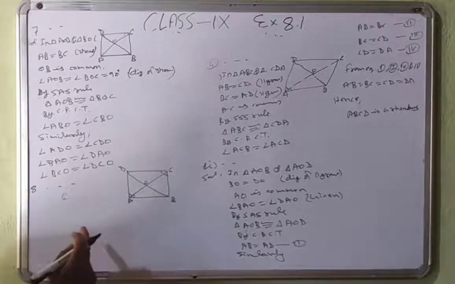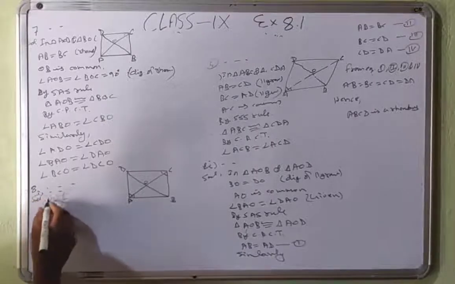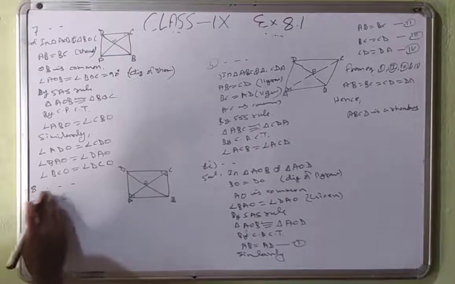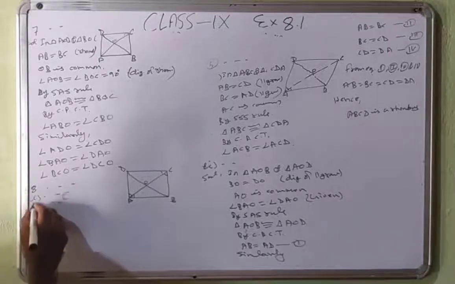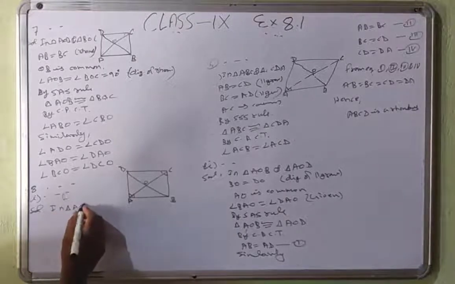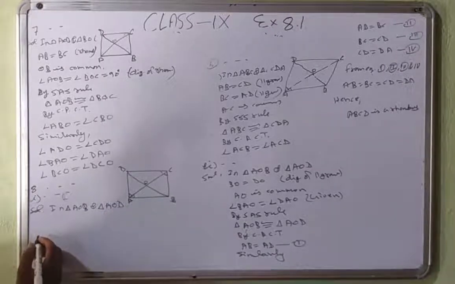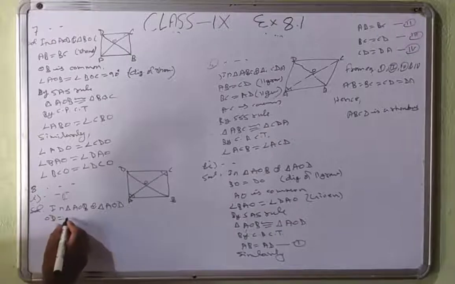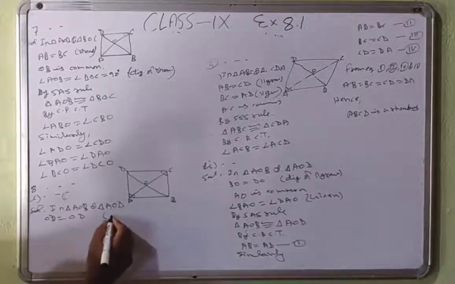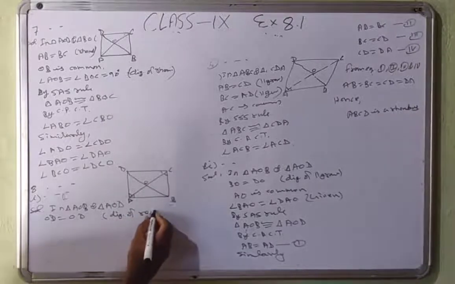First part, solution: in triangle AOB and triangle AOD, OB is equal to OD by diagonals of rectangle.